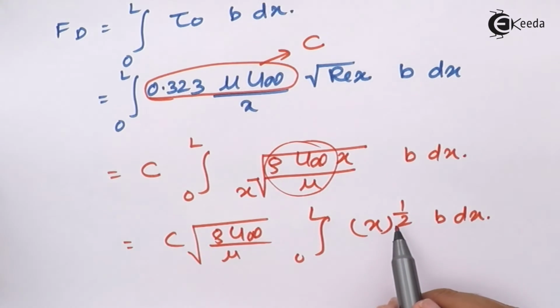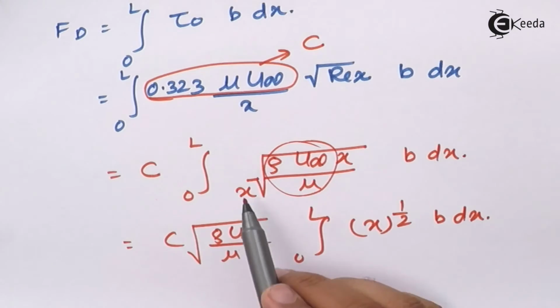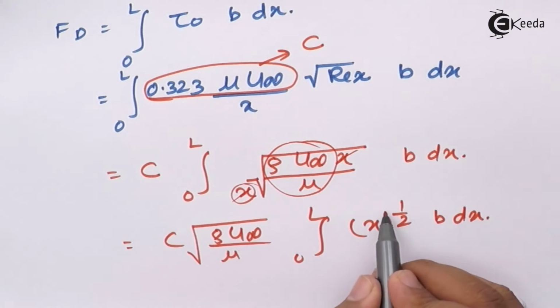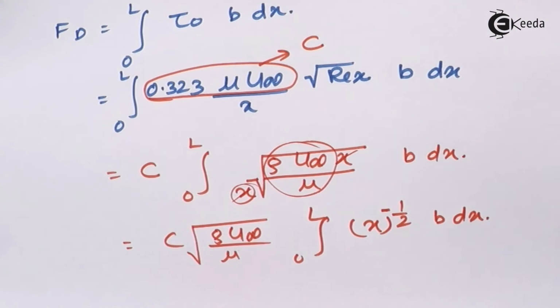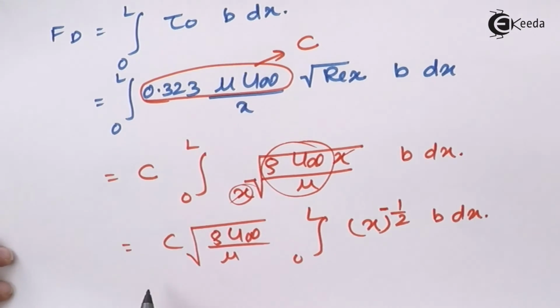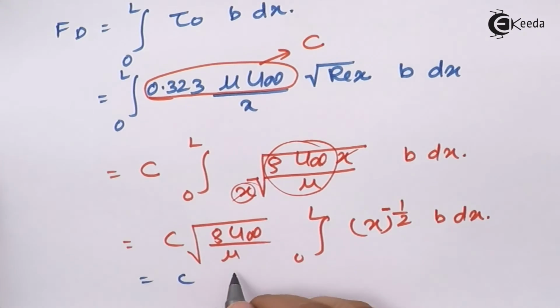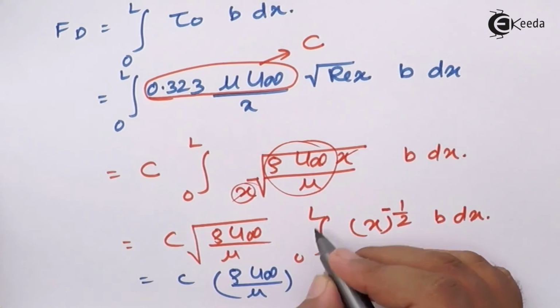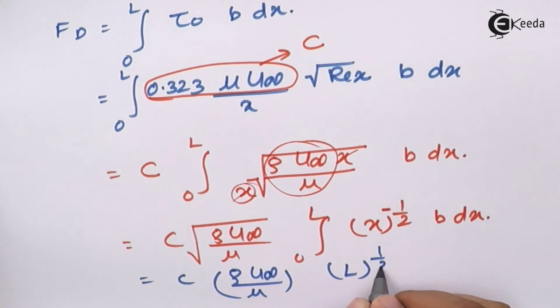Over here, this will be x raised to minus 1 by 2 because this is x into root x. Once this is minus 1 by 2, we have to integrate this. So this value will be C into rho u infinity upon mu into x raised to 1 by 2, and if we put the limit, this will be L raised to 1 by 2 upon 1 by 2, that will be equal to Fd.